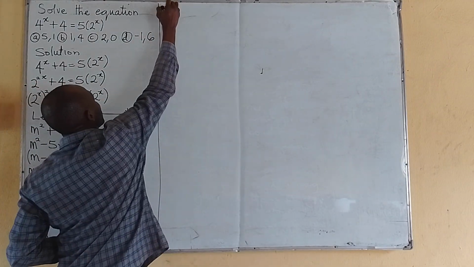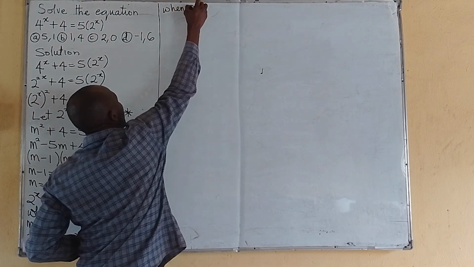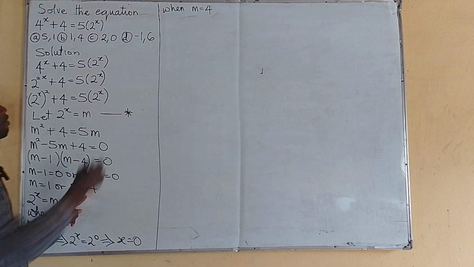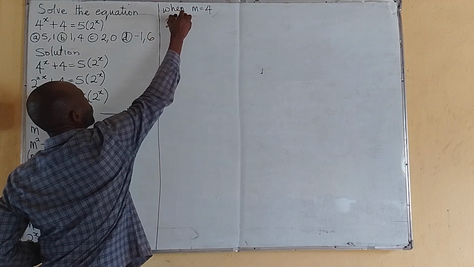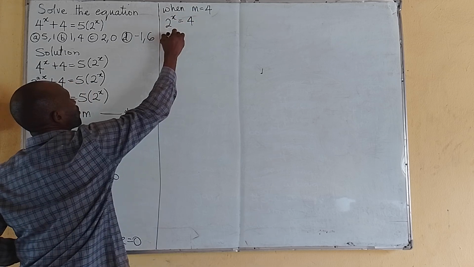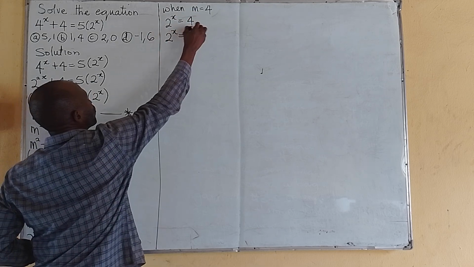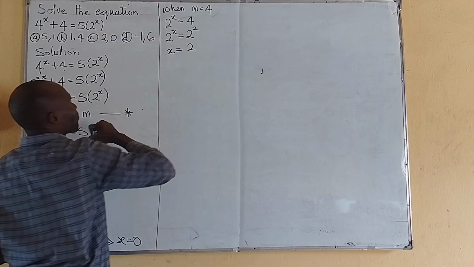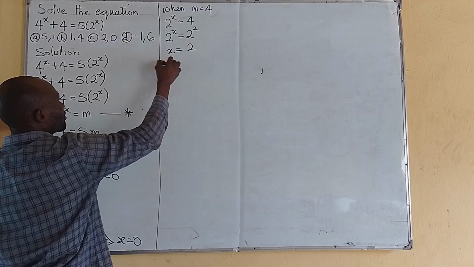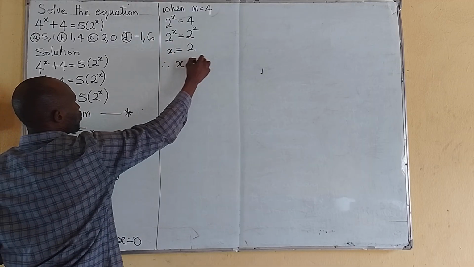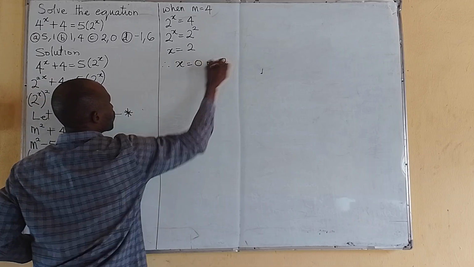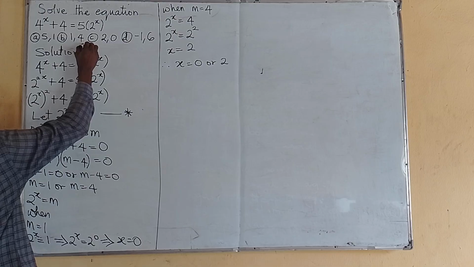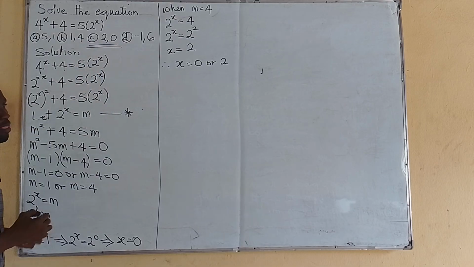We will say when m is 4, we then say 2 raised to the power x is equal to 4, giving us 2 raised to the power x now equal to 2 raised to power 2, so that x now equal to 2. So finally, therefore, we get say x now equal to 0 or 2, making say the answer we will define now, this is C, na the answer.